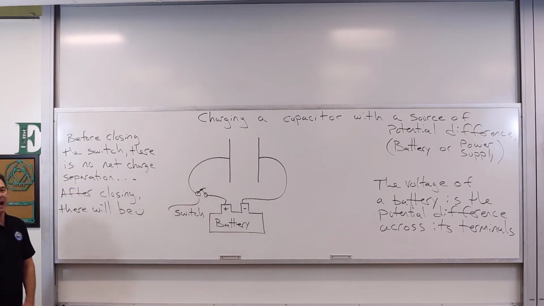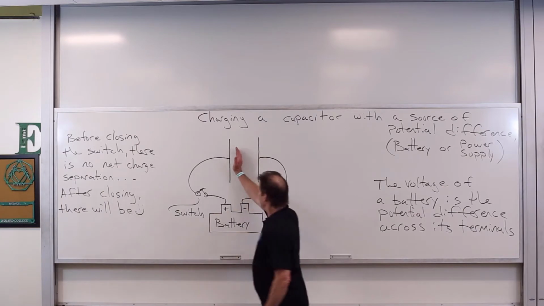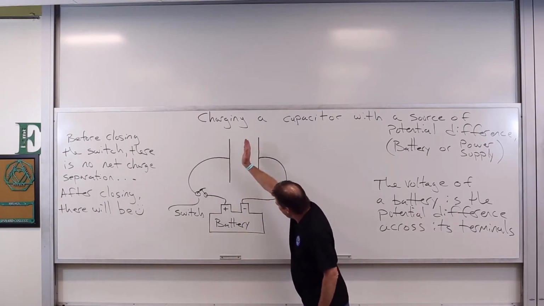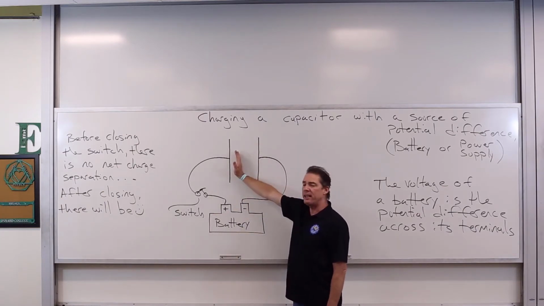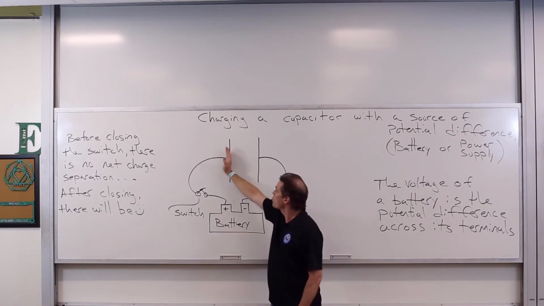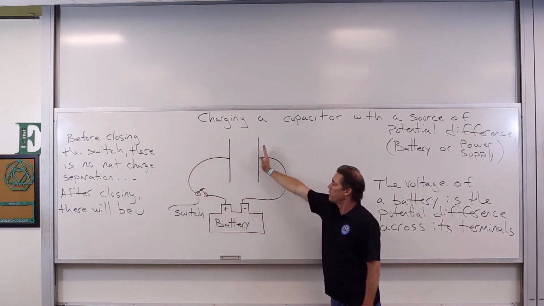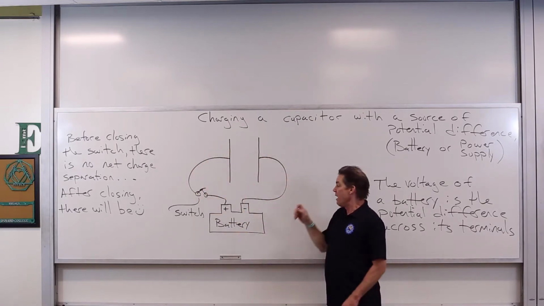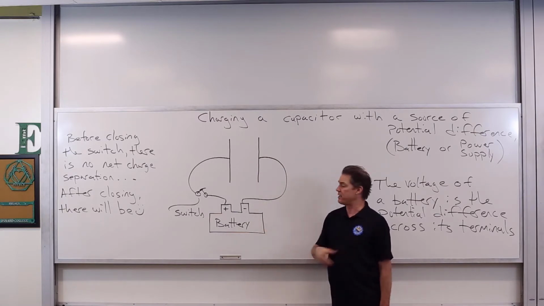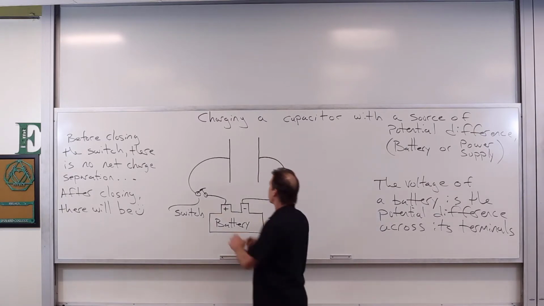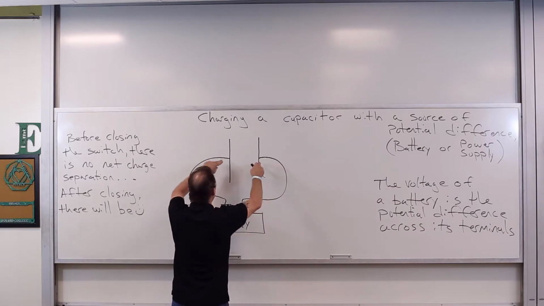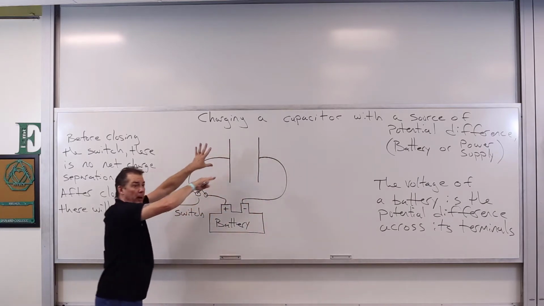Complete the conductive pathway, and what happens now is that the electrons on this plate are going to sweep over to this side. You say, well, why? That's what the source of potential difference does. This battery sets up an electric field in these conductive pathways that are connected to these conductive plates.